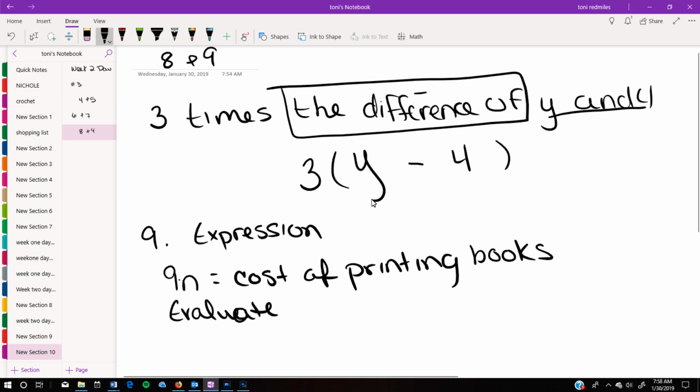So that's the amount of books I'm printing, so it's going to be evaluated for N. I'm going to substitute it in for N. All right, and if I multiply that, I get $9,450. That's how much it would cost to do that many books.